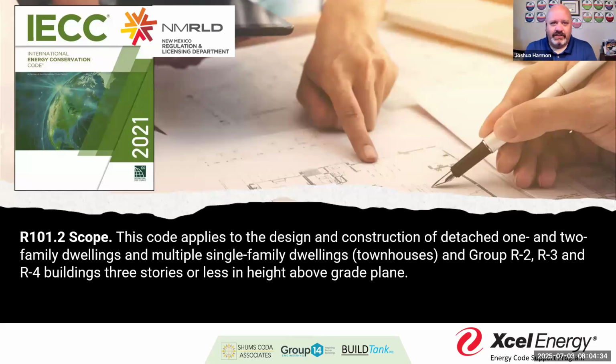And that residential section reaffirms that what we're talking about is not just the items that fall under our traditional residential construction code, but those one and two family detached dwellings, as well as multiple single family dwellings like townhouses, those R2, R3, R4 occupancy buildings that are 3 stories or less above grade, right?